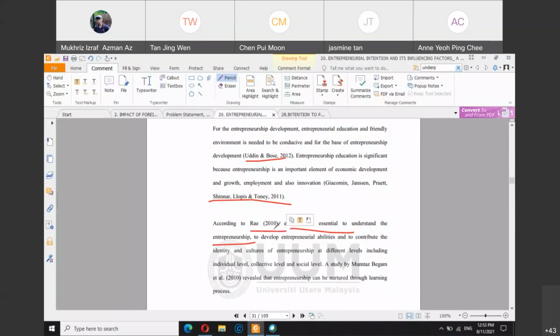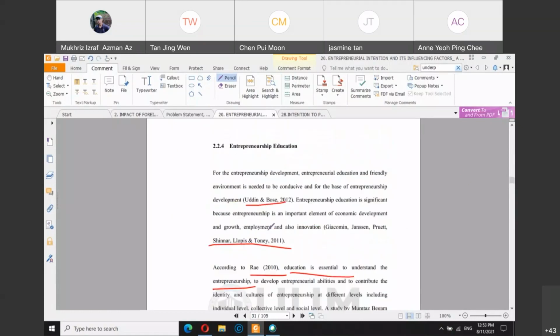But Ray is 2010. So this is what I mean by using the latest articles. This year is 2021, so you cannot have all your references be this old, meaning already 10 years old. You might want to refer to articles from, let's say, 2018, 2019, 2017, at least within 5 years.